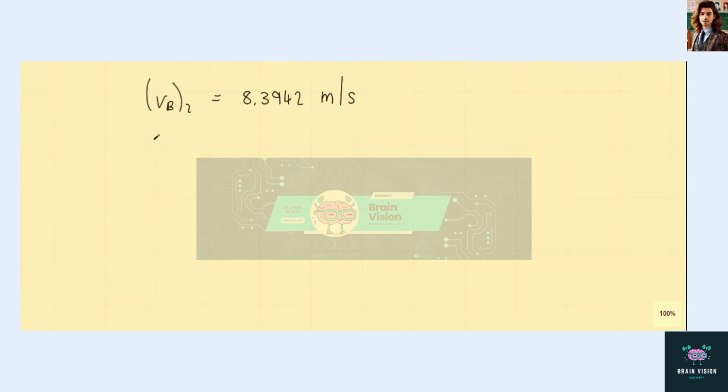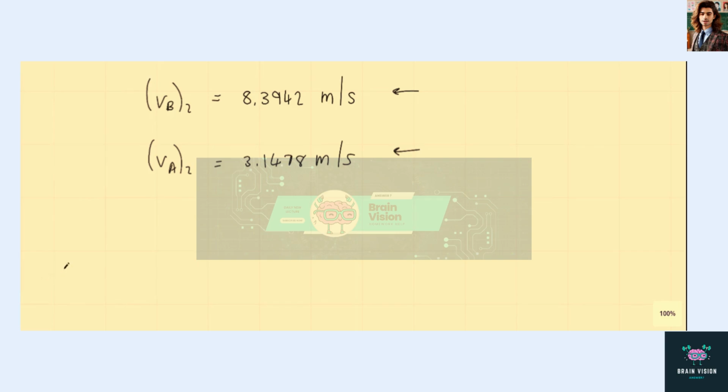And we get VA2 to be 3.1478 meters per second, also positive and also to the left. So we have our final velocities for each block.